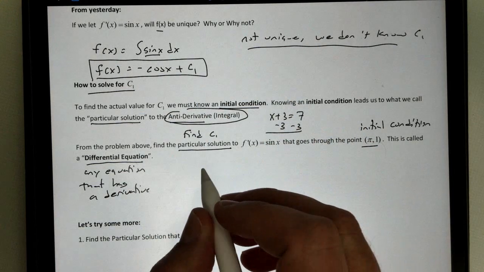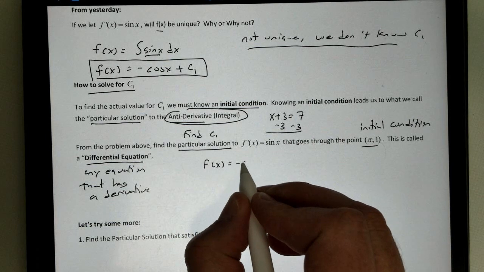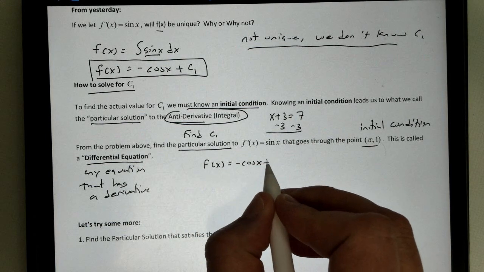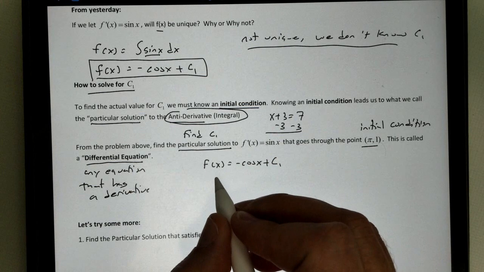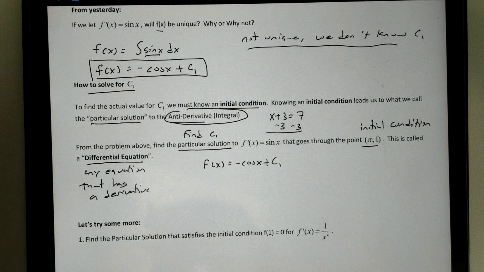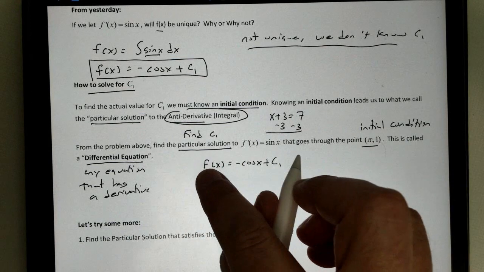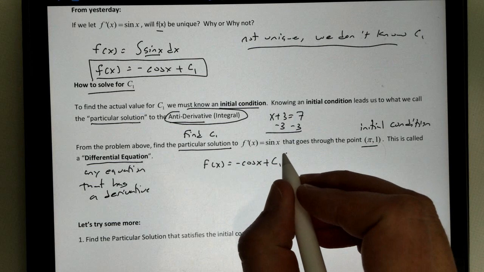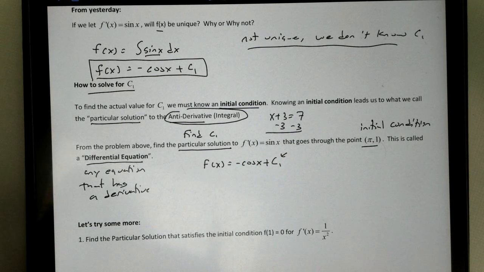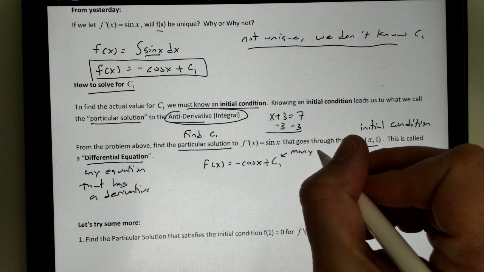From above, we know that the function f of x is this negative cosine of x plus c1. What we're going to do next is find c1. To do this, we're going to find out which function. Remember, this c1 is telling us that there are many possibilities.